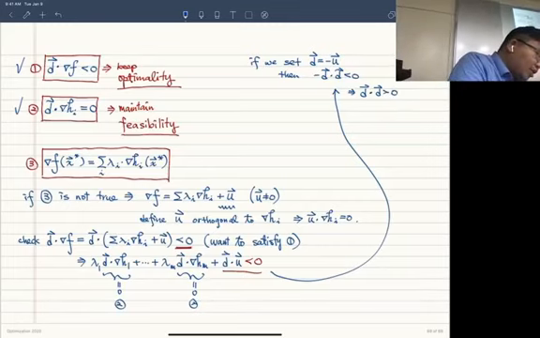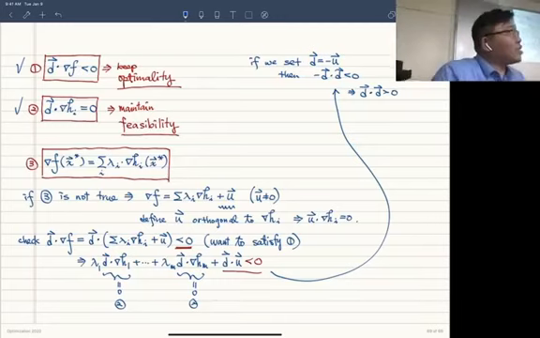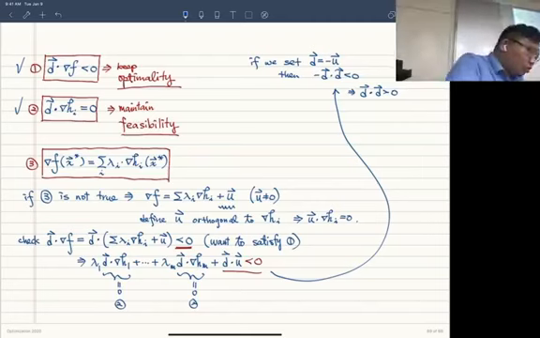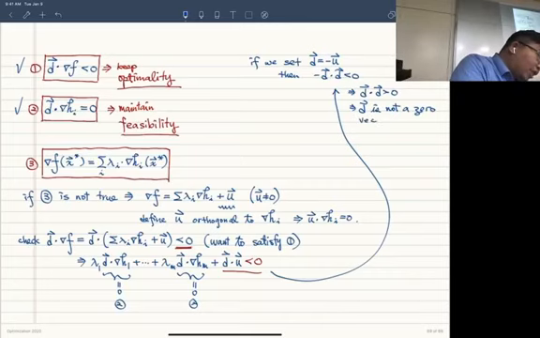The only chance d dot d is positive is that d is not a zero vector. So in this case, d is not a zero vector, so d must exist.